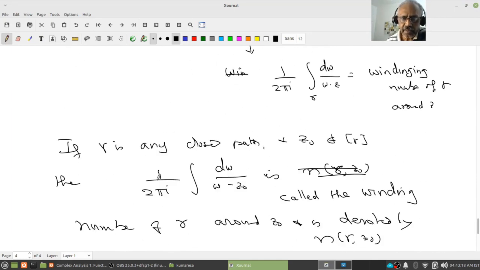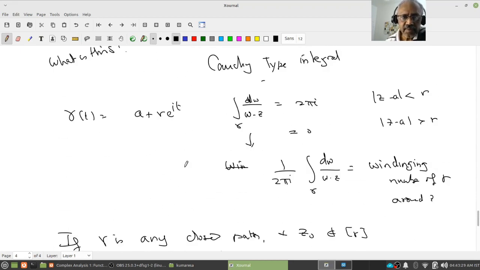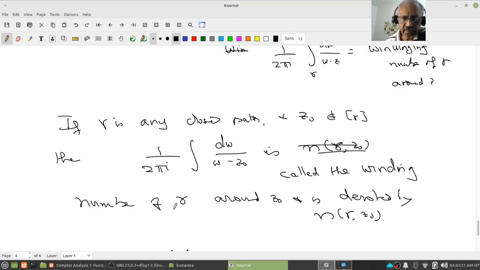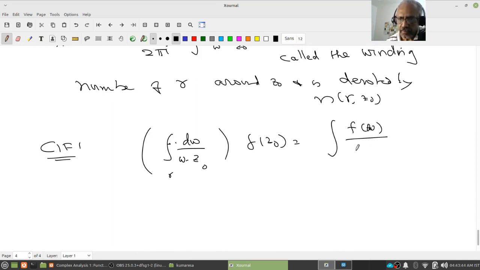So let us go back. What did I do? We said that the integral of dw by w minus z0 over gamma into f of z0 equals the integral of f of w by w minus z0 over gamma.